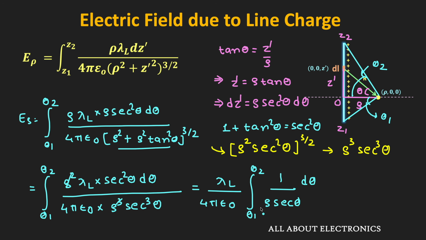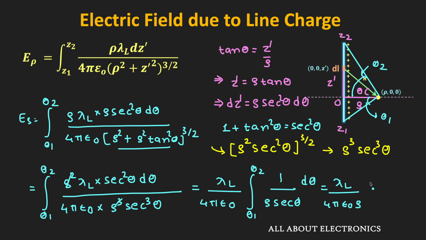So here rho is also constant, so we can take it outside, and here 1 divided by sec theta is equal to cos theta, and we know that the integration of cos theta is equal to sin theta.